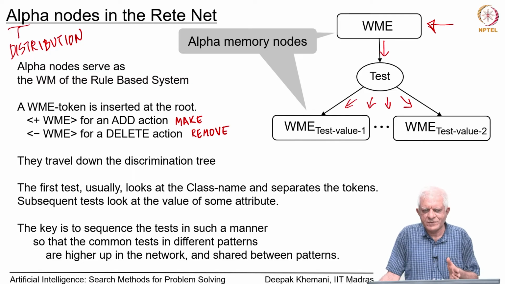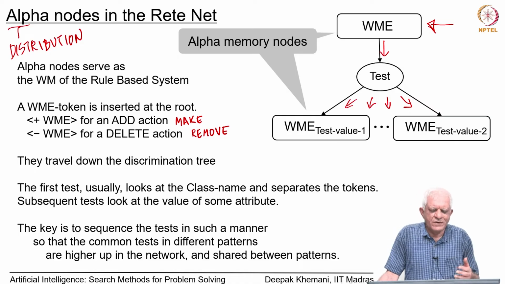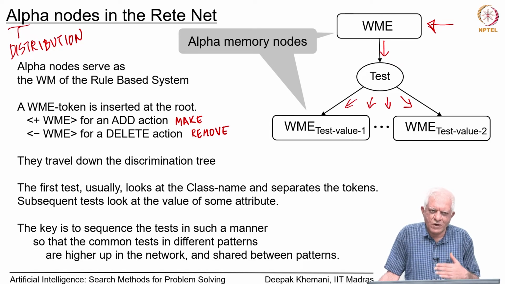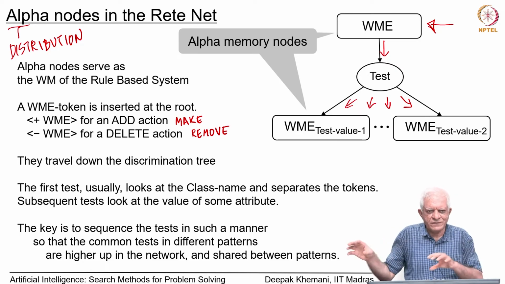So, it is not that the attribute that you mentioned first is the first one that should be tested. Of course, that would be the most straightforward way of doing things, but in practice if you can figure out in what order to test, for example which attribute to test next, it might allow you to share more of the work than if you were to do the same test distributed in different branches.